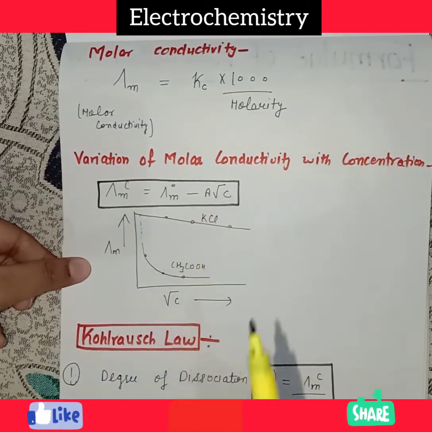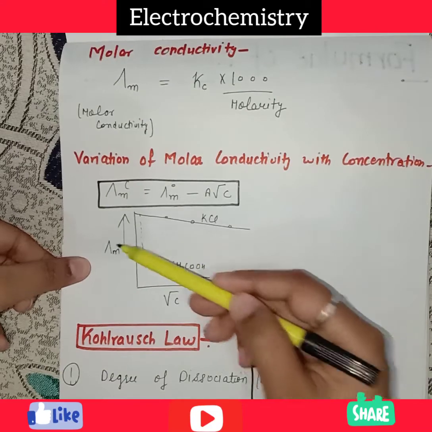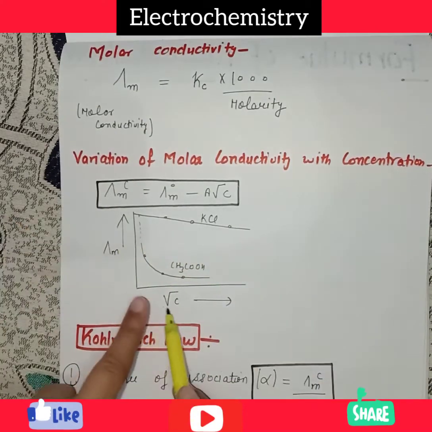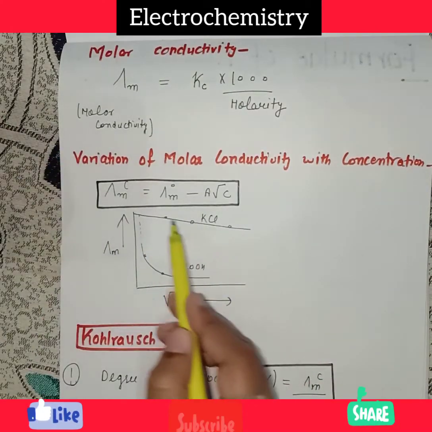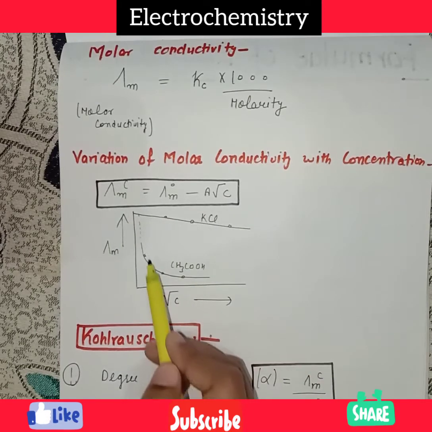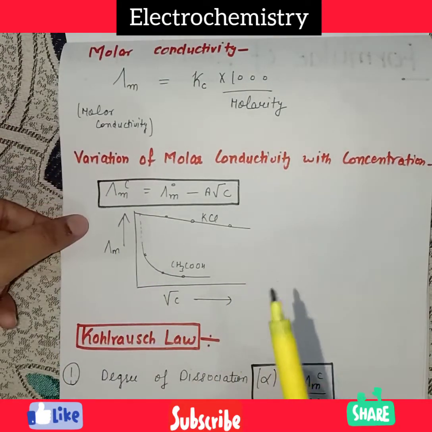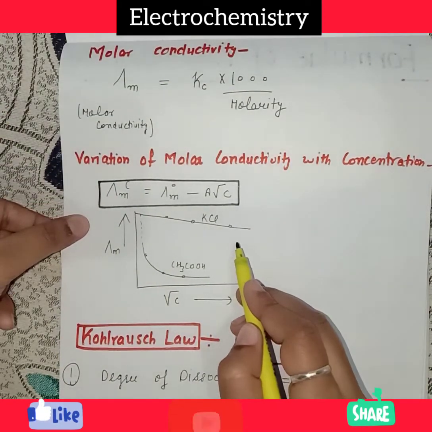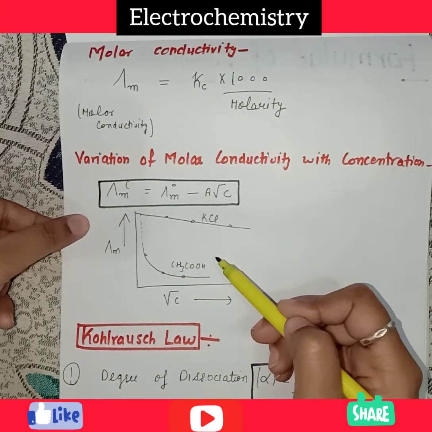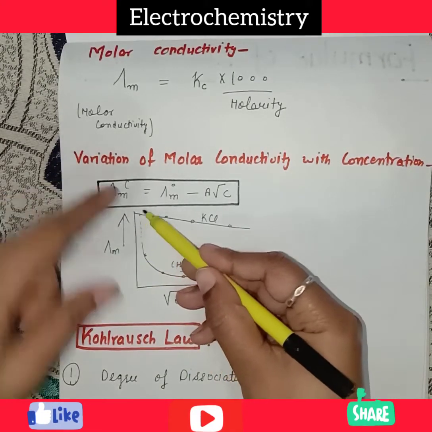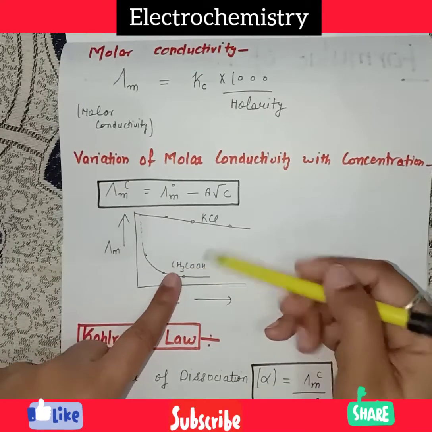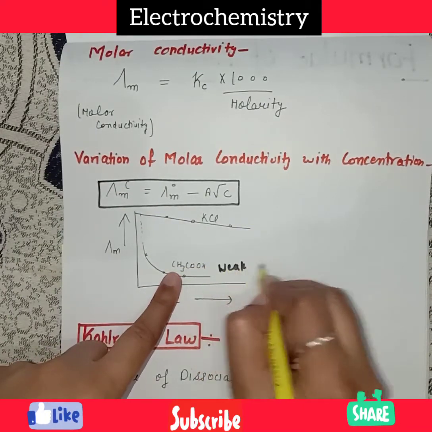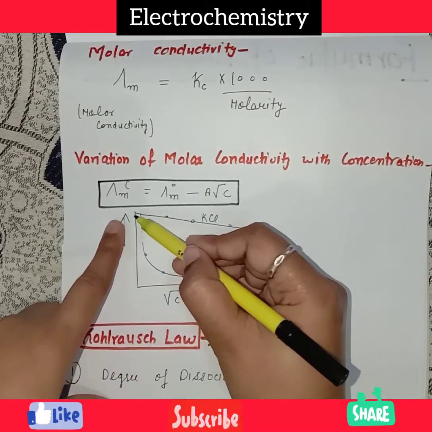So you must learn this, and the graph between molar conductance and concentration, this is a strong electrolyte, this is a weak electrolyte. The greatest limitation of this law is that it does not define the molar conductance of a weak electrolyte at infinite dilution.